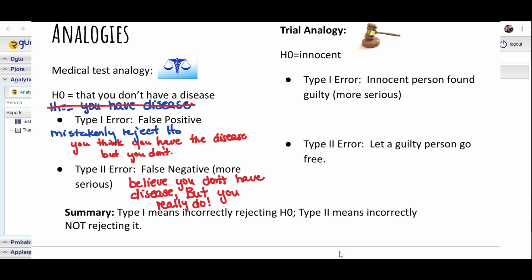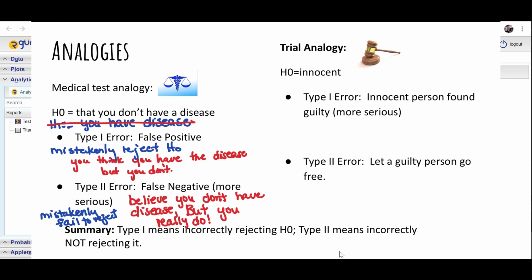So again, type 2 happens if you fail to reject the null and that was a mistake. And type 1 happens if you mistakenly reject the null. So let me add this here in the notes. This is type 2 is when you mistakenly fail to reject the null.